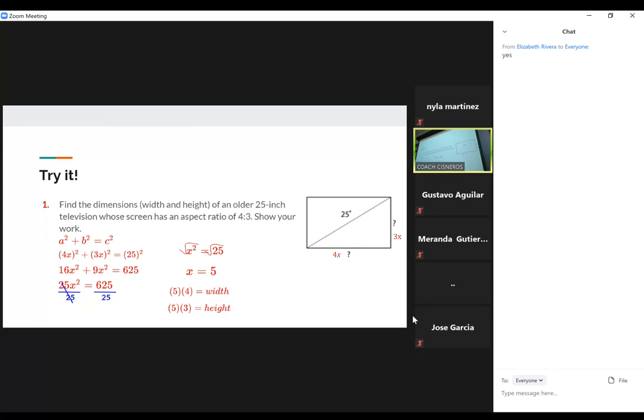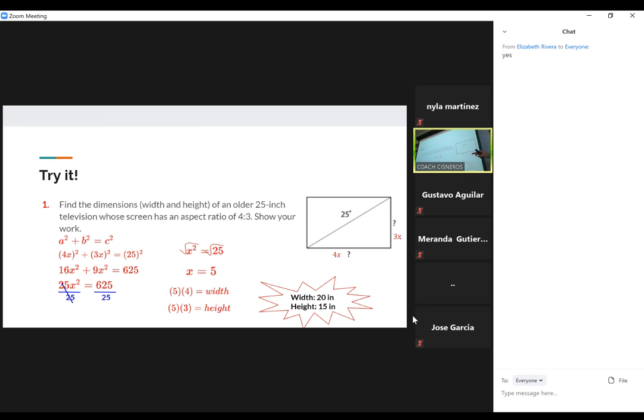So figure out what the width and the height are now. That should give us our final answer: the width is 20 inches and the height is 15 inches.